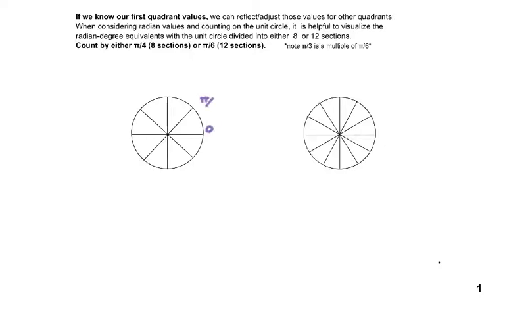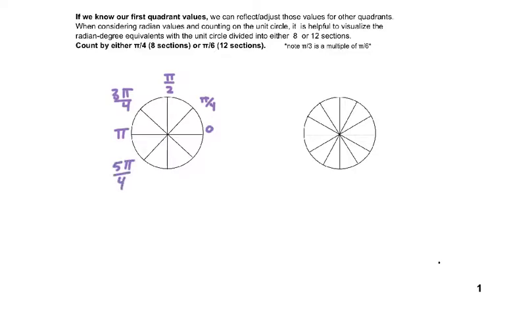That was 1/4, or 1 pi over 4. Here we had 2 pi over 4, which reduces to pi over 2. Next, I have 3 pi over 4, and 4 pi over 4, that's going to reduce to pi.